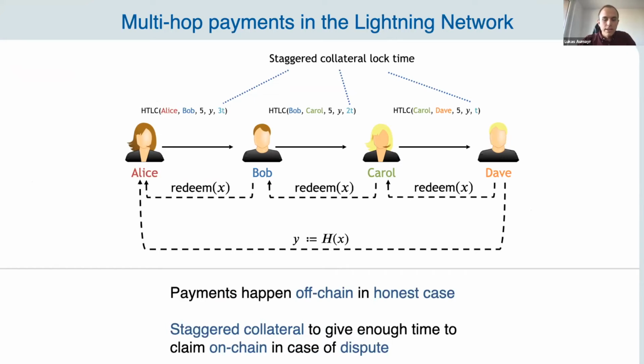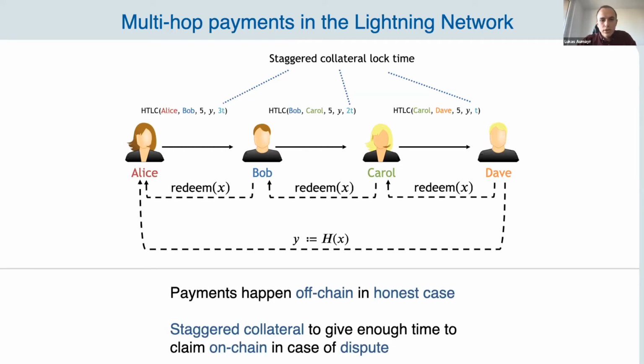So normally in the case that we have honest users, the payments are settled off-chain. So what they would do is, for instance, Dave shows Carol the pre-image X, and they would honestly update their channel to represent the new balance where the 5 coins have moved from Carol to Dave. But of course, there might be the situation where someone has to forcefully claim the money from the HTLC on the chain.